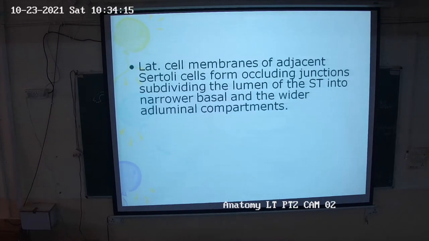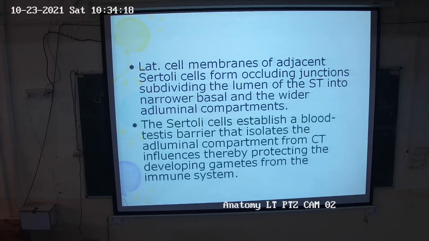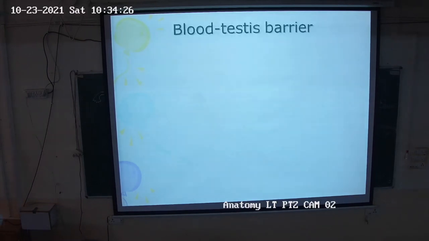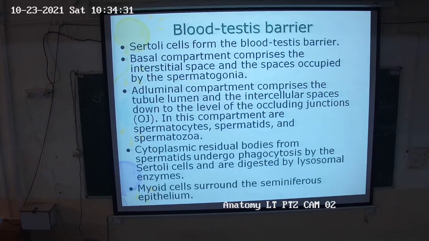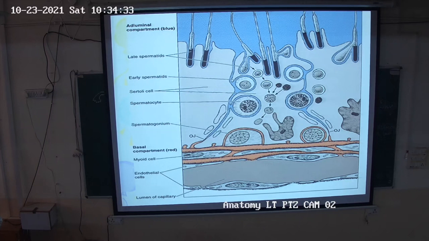The basal part has spermatogonia, and the upper superficial part, the adluminal part, has different stages of the spermatogenic cells other than the spermatogonia. So it develops the blood testis barrier: the lateral plasma membranes occlude and form the blood testis barrier.